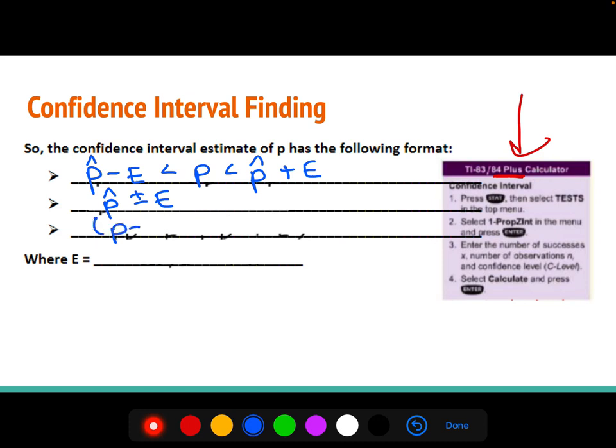And that means the same thing as P hat minus the error comma P hat plus the error as an interval. So those are all three ways you can write a confidence interval. And remember, E is the critical value times the square root of P hat Q hat over N.